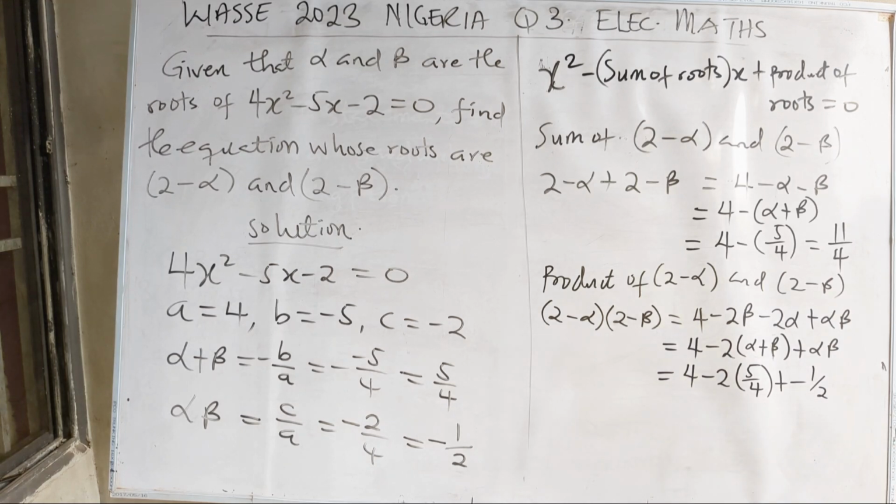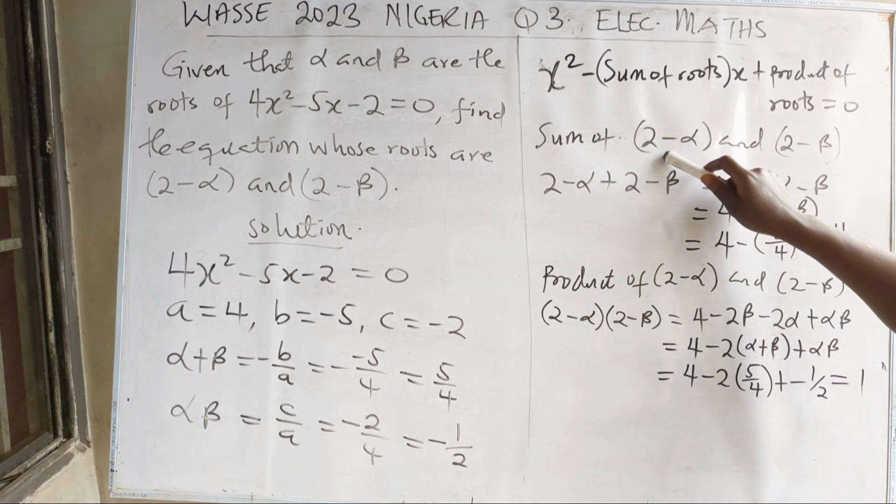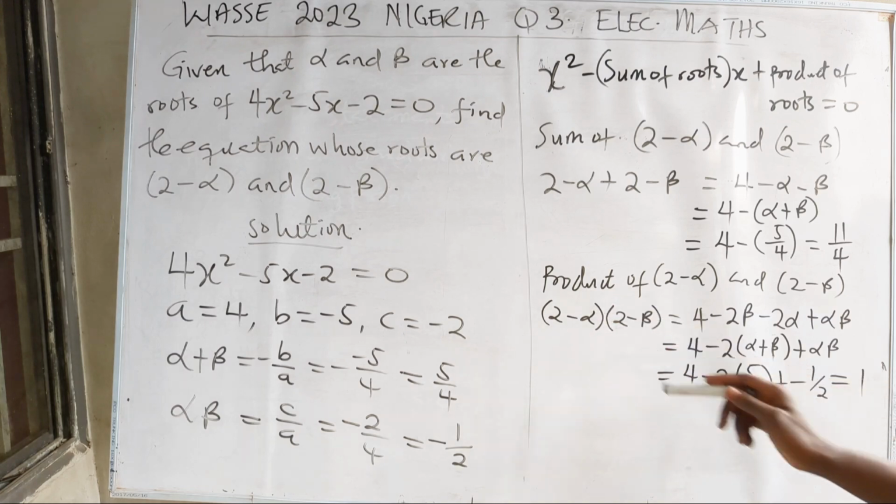So we are going to simplify this using our calculator. 4 minus 2 times 5 on 4 plus minus 1 on 2 will give us 1. So 2 minus alpha and 2 minus beta have a sum of 11 on 4 and the product is 1.